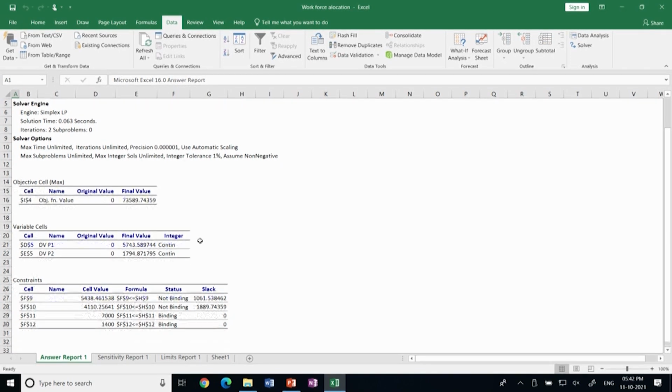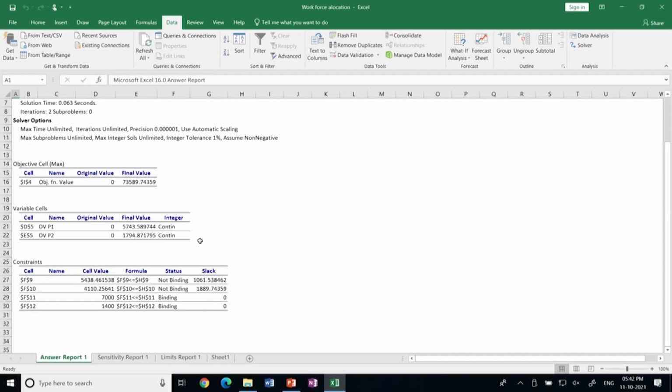We got the value for P1 as 5743.58, and for P2 it is 1794. I have taken a screenshot of this solution, that is the answer report and sensitivity report, into the PPT, and I will explain the interpretation of this output in the presentation.